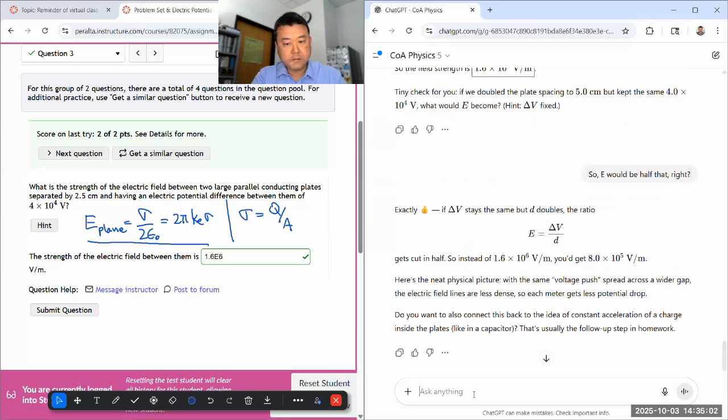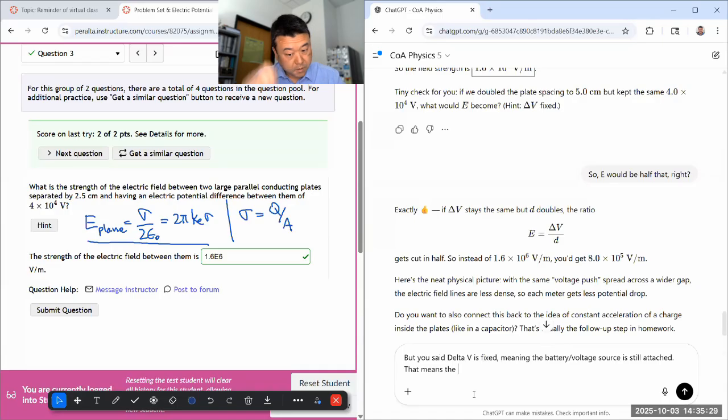But you said the delta V is fixed, meaning the battery voltage source is still attached. That means the amount of charge on the plate is constant, right?